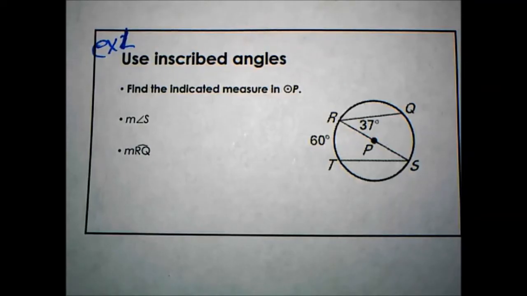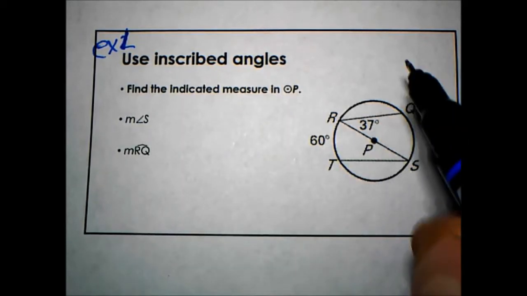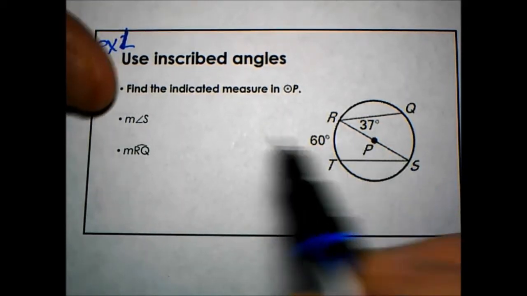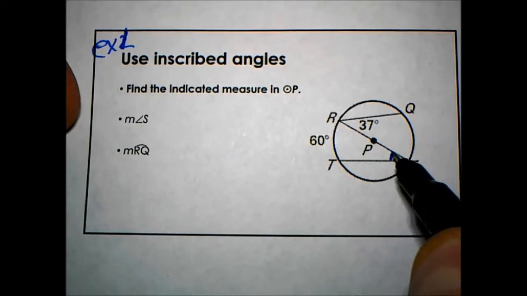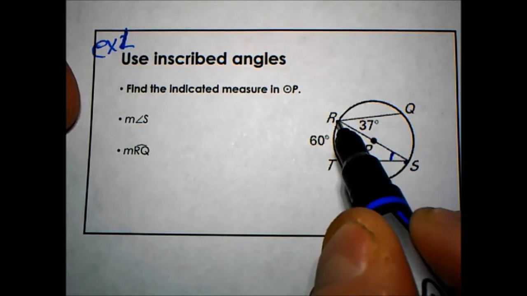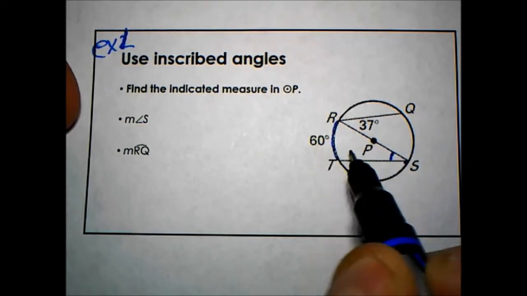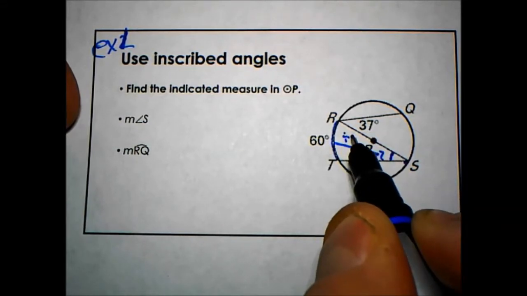Okay, here on example 1 it says use inscribed angles to find the indicated measure. If I'm looking at angle S right here, S is an inscribed angle, and the intercepted arc is 60, so all the way across means you have to divide by 2.